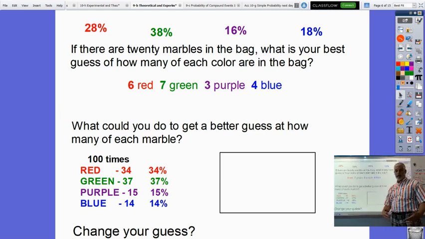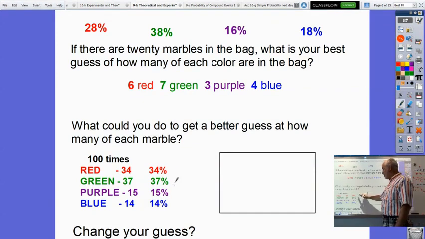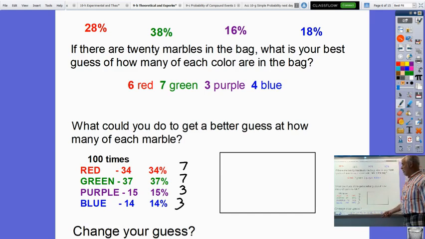Would you change your guess then? Would you change the numbers here of how many you think there are of each one? Well, now maybe you would say there were 7 reds and maybe 7 greens and 3 of these and 3 of these. Maybe that's your count now.